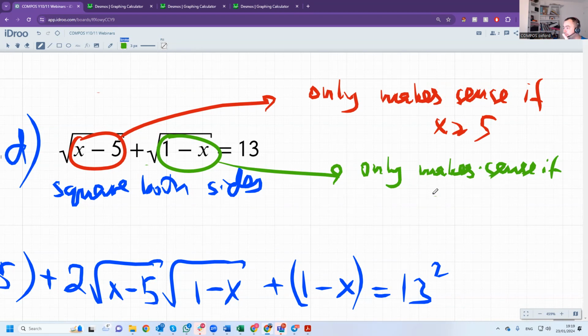That means 1 is greater than or equal to x. That means x is less than or equal to 1.